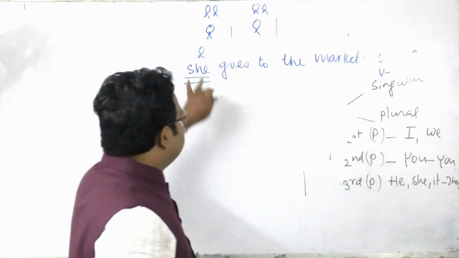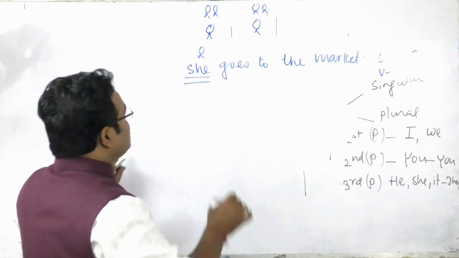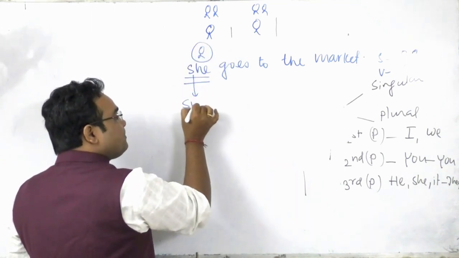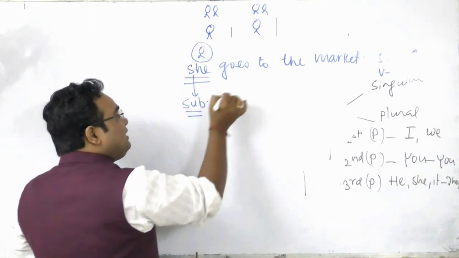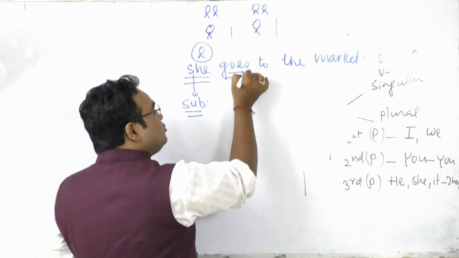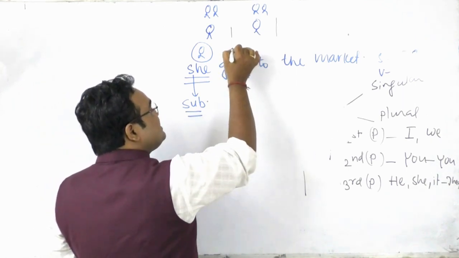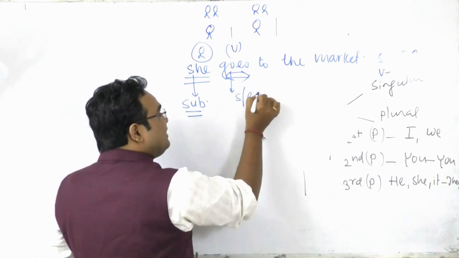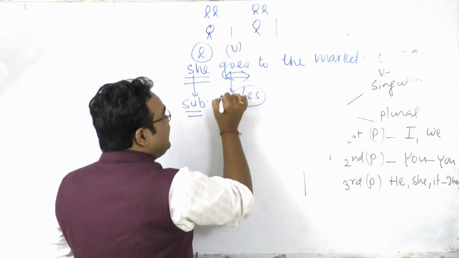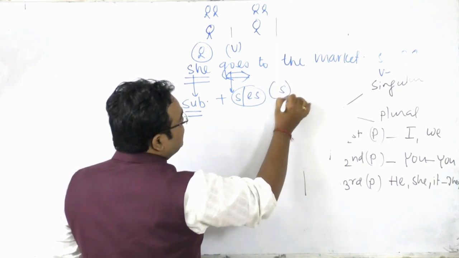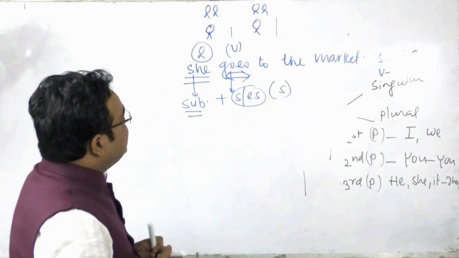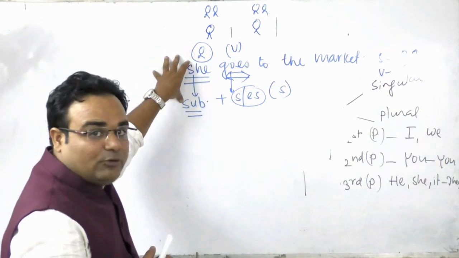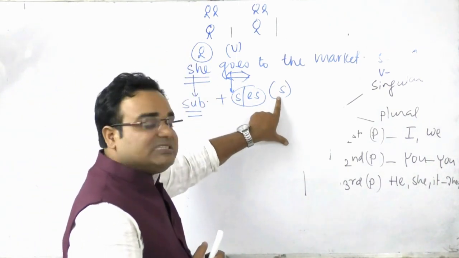So when you say she goes to the market, she is singular, and this is the subject. But the word goes is the verb. When you have put s or es to this verb, it has also become singular. That is why this sentence is correct: the subject is singular as well as the verb is singular.